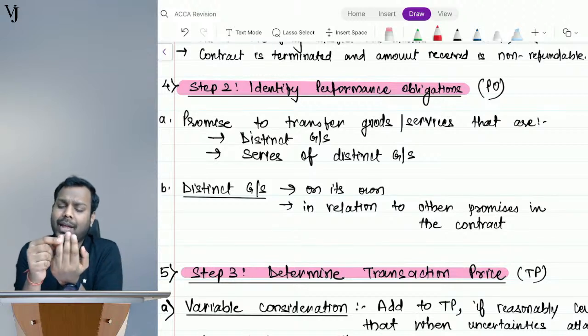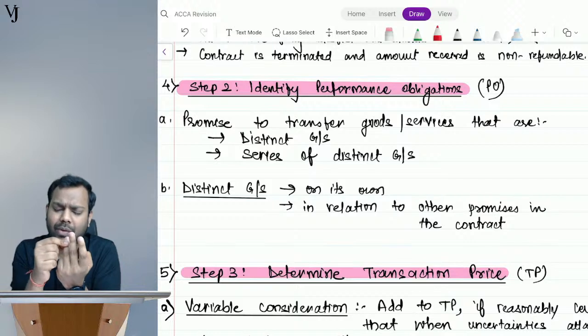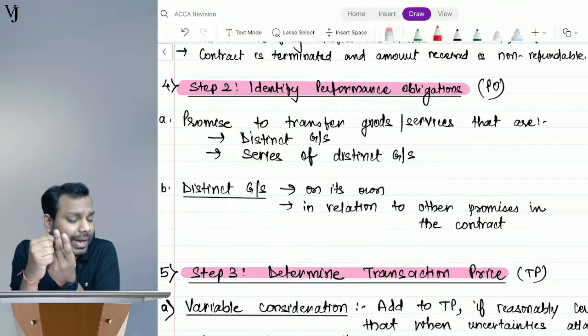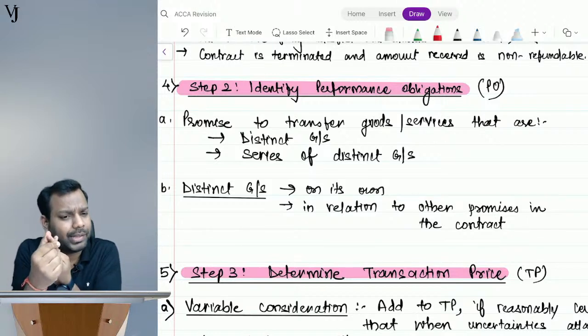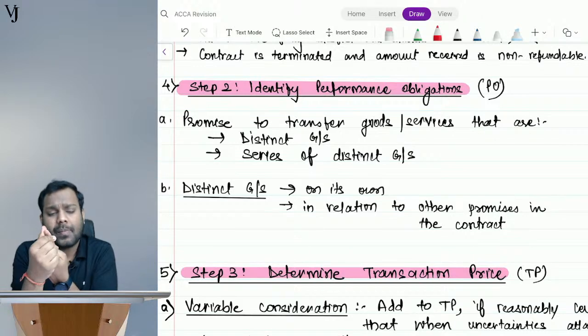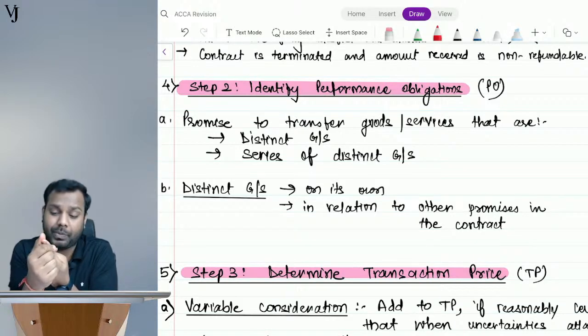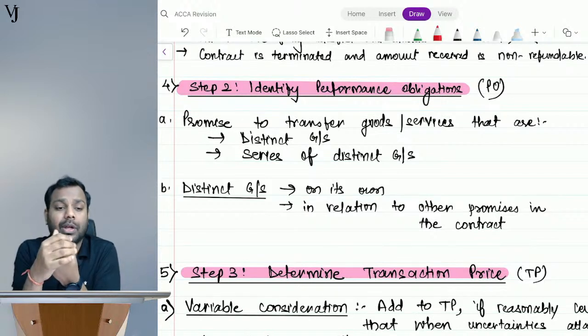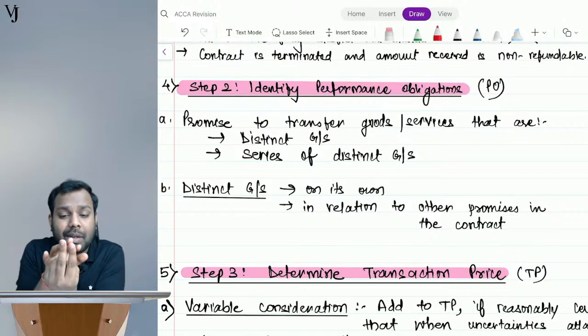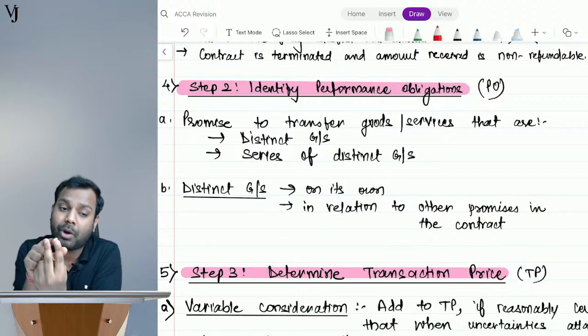Now tell me, can the additional warranty be sold separately? Yes. Can it be used separately by the customer? Yes. Can the laptop be sold separately? Yes. Can it be used separately by the customer? Yes. Can the inbuilt warranty be sold separately? No. The customer will neither purchase the laptop without the inbuilt warranty, nor purchase the inbuilt warranty without the laptop.